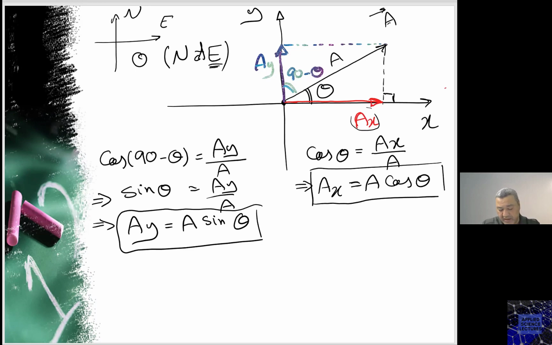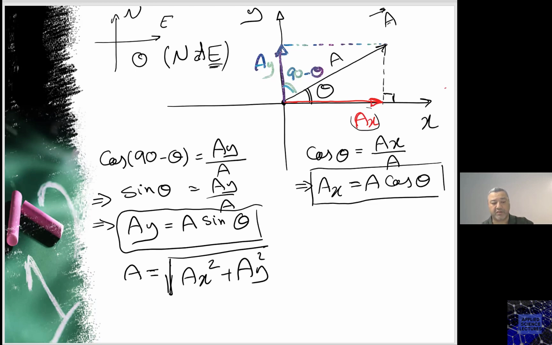How? If I want to get A, then using Pythagoras, A is the square root of AX squared plus AY squared.